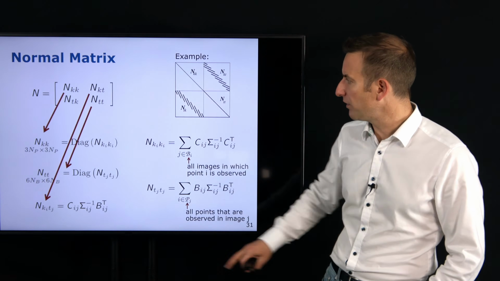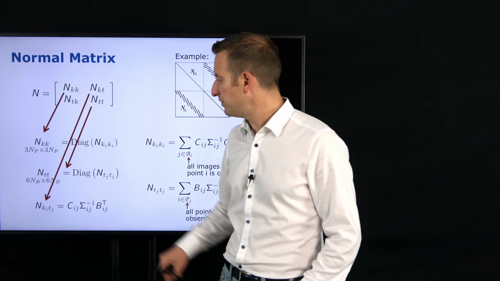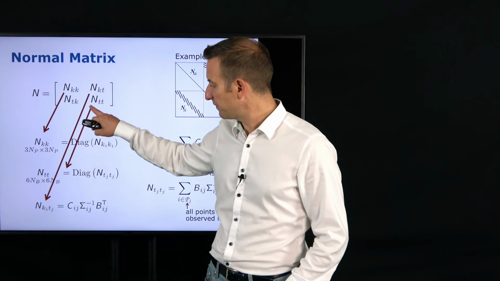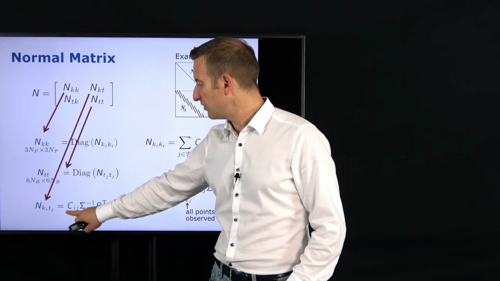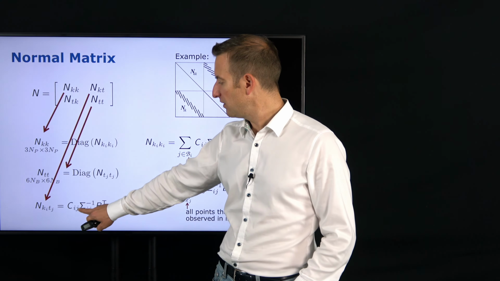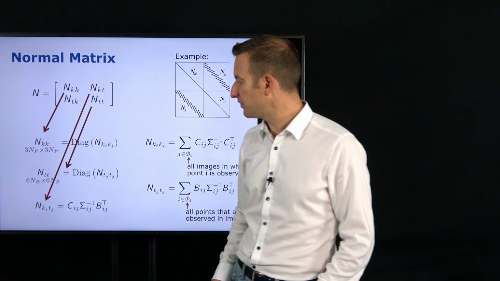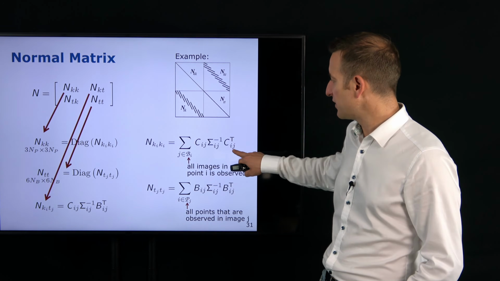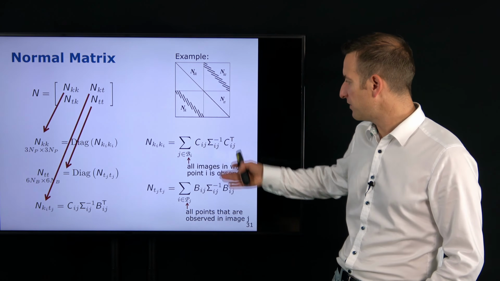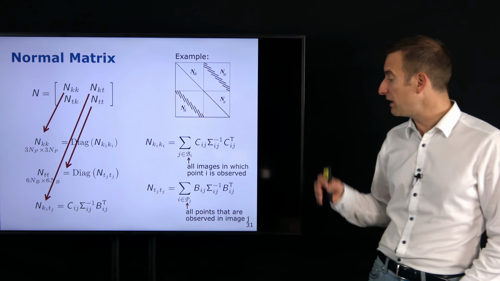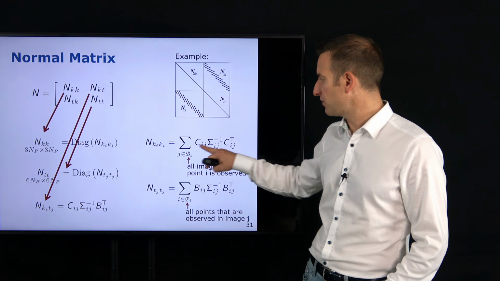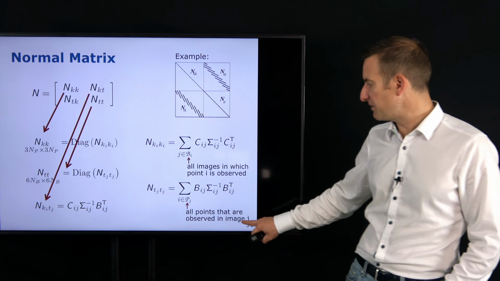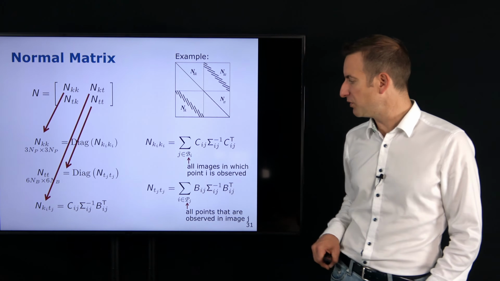So all those elements in this matrix can be computed very easily. On the off-diagonal elements down here, I simply compute C, sigma I, B transposed, and the others are my diagonal matrices, where I'm just collecting the observations of all points: all images where the point I has been observed gives me this sum, and all the points that are observed in image J, I'm summing over those points to compute those entries.